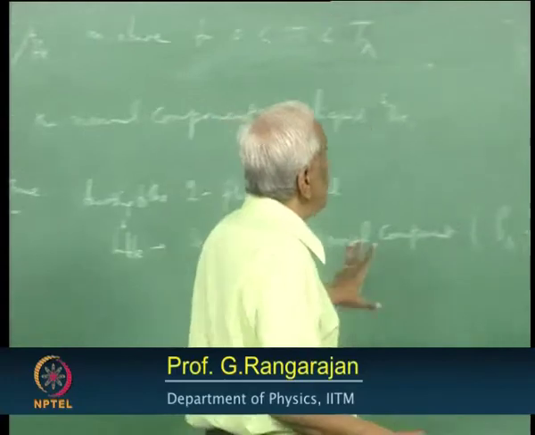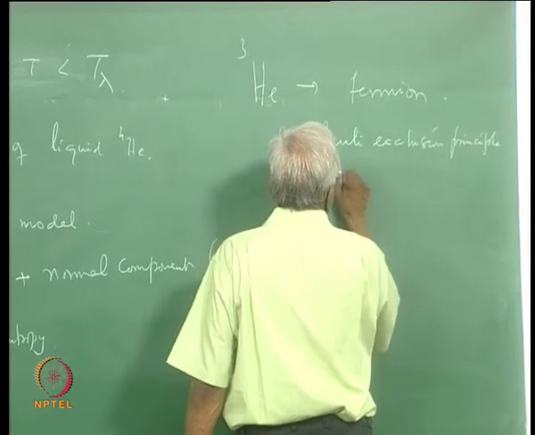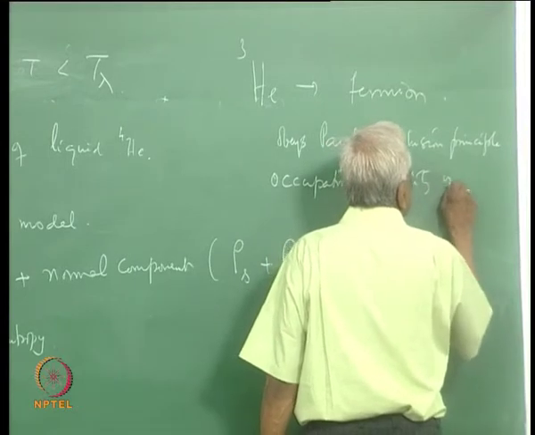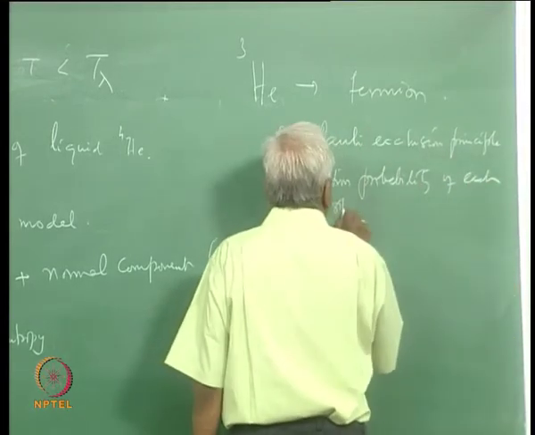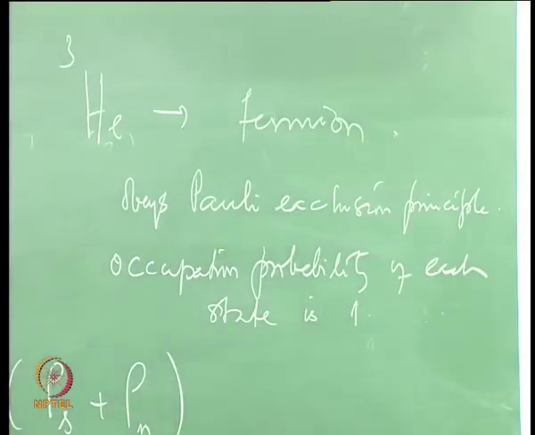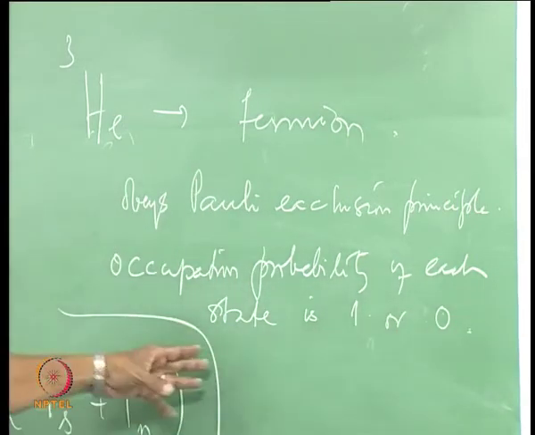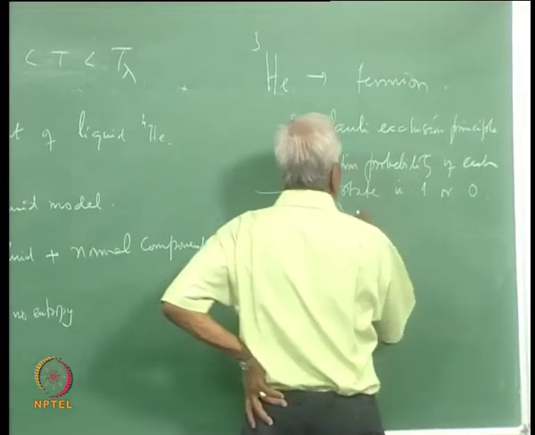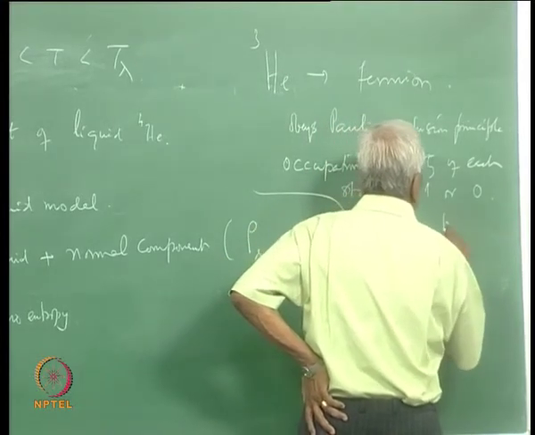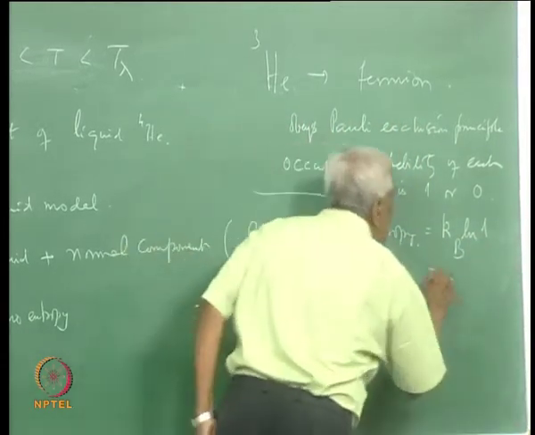So, the occupation probability is 1 or 0. Therefore, for the occupied states, the entropy is given by the Boltzmann formula kB log 1, which of course is 0.